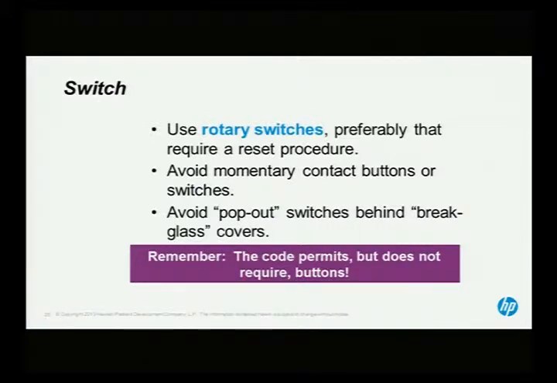Was it a circuit problem? Was it a procedural problem? Was it a personnel problem? Well, if you have a formal reset process, then you know it's isolated to there and you can backtrack and find out what's going on. Avoid pop-out switches behind break glass covers, as we saw in the original pictures. Switch. Use rotary switches.